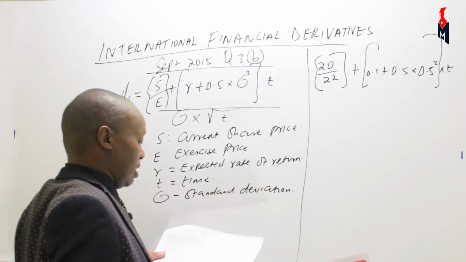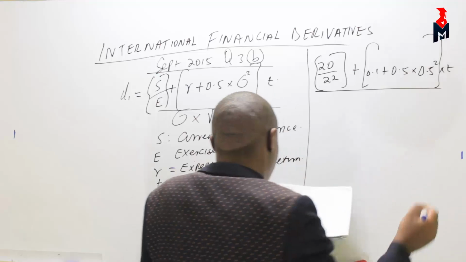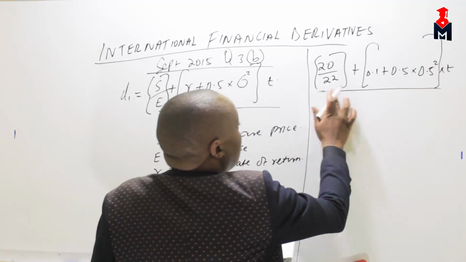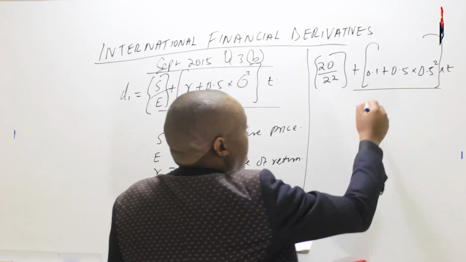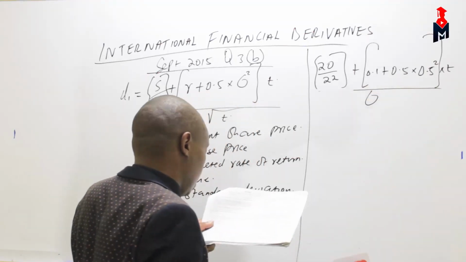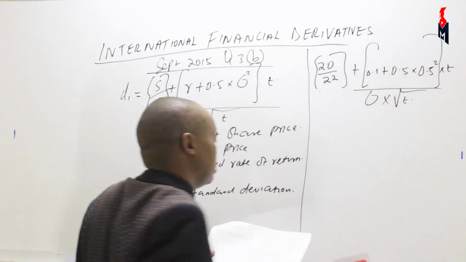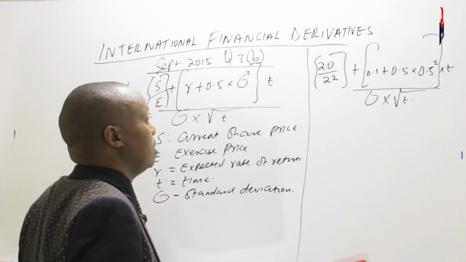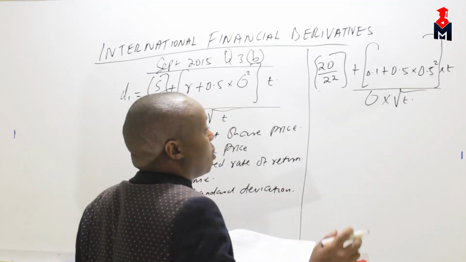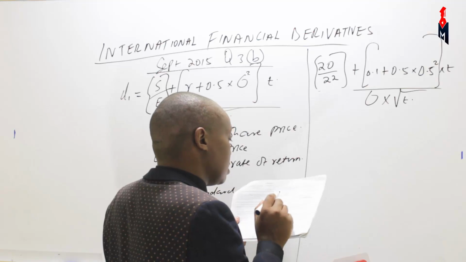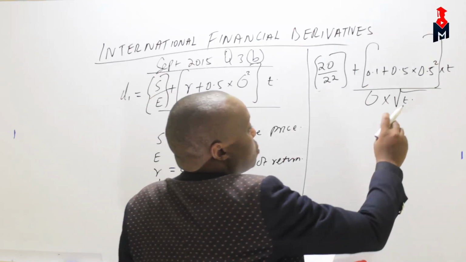Therefore, you are going to take the values, then you divide all these by the standard deviation, which is the risk, times the root of T. That is the root of time. Therefore, in this case, since time is 3 months, you take 3 months over 12, it will give you a quarter, or rather 0.25.